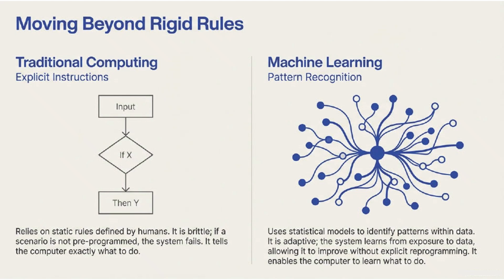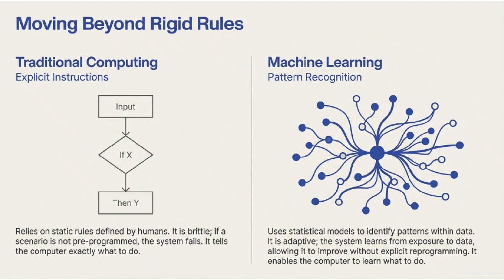So instead of me telling the computer a cat has pointy ears, I just show it a million pictures of cats and let it figure out what a cat looks like. Roughly, yes. And that's what makes it adaptive, which is the key takeaway here. If the data changes, the model adjusts. You don't have to rewrite the code line by line. You just have to keep training it. Exactly. It learns what to do rather than being told exactly what to do.